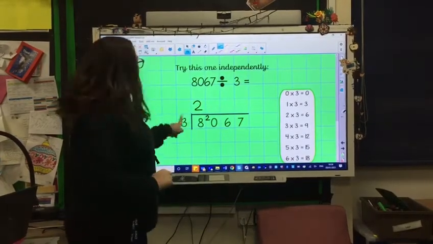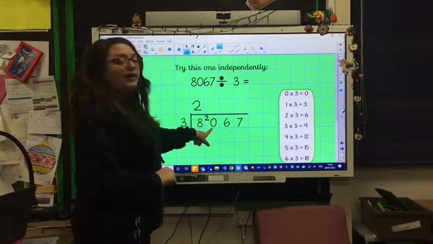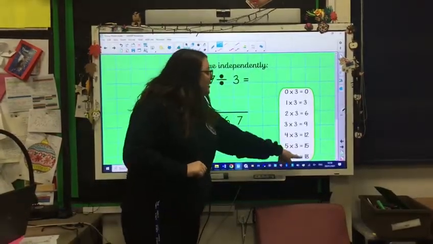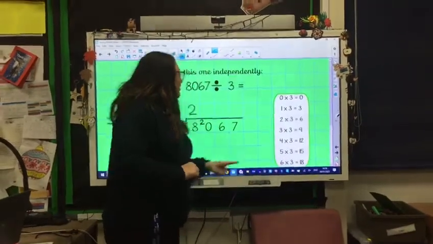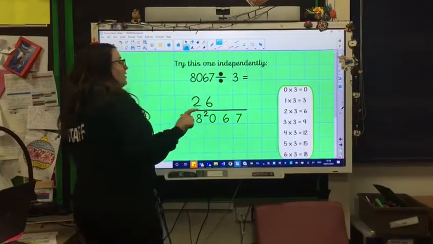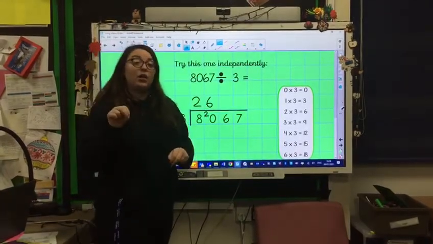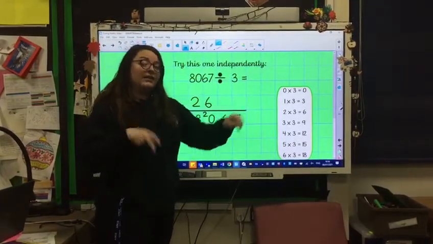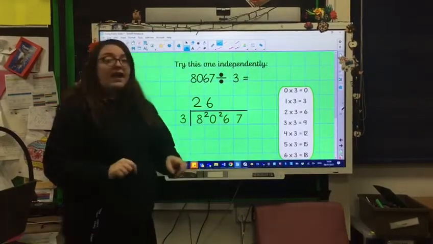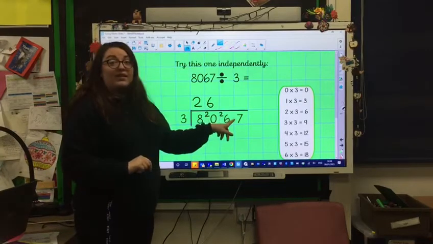So we've now got how many 3's go into 20. Again, the closest we can get to it without going over it is 18, so we need to write a 6 above it. Then count on, how many would you need to count on from 18 to get to 20? 2. Then you need to think how many 3's go into 26?